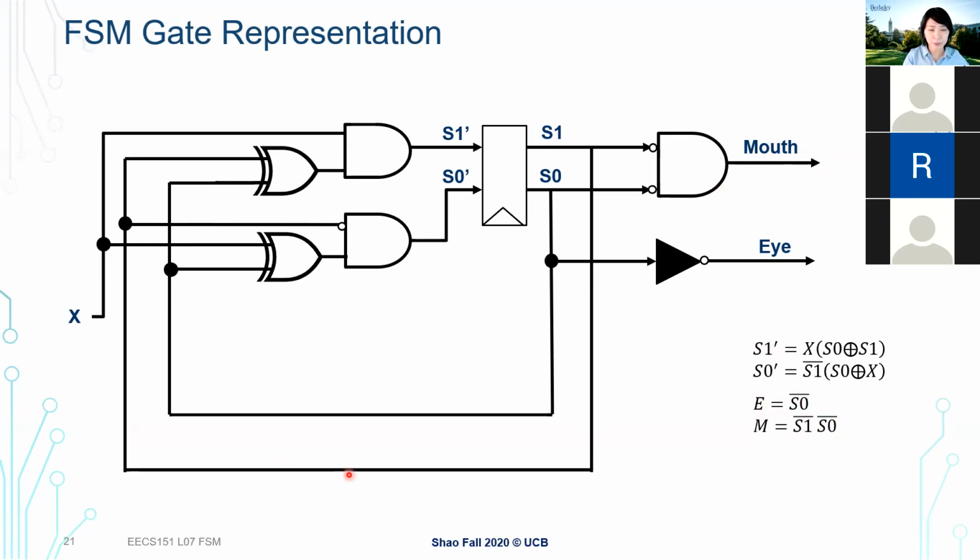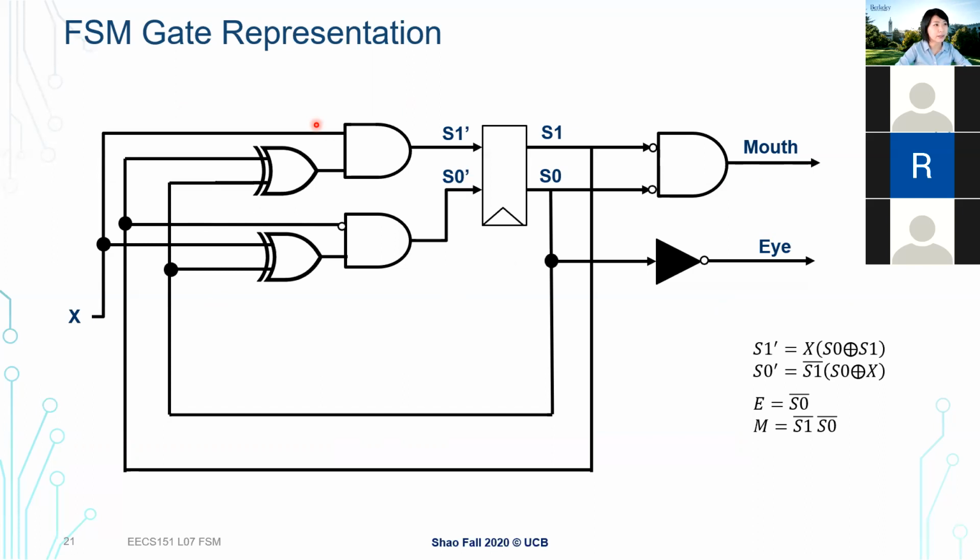And then the left part of the circuit is how we calculate the next state, right? Given my current state and my current input, we will go to different next states depending on the combination. And as we calculated earlier, the Boolean expression of our next state transition, we can also turn that into this gate level representation here.